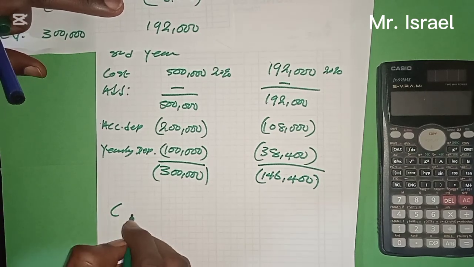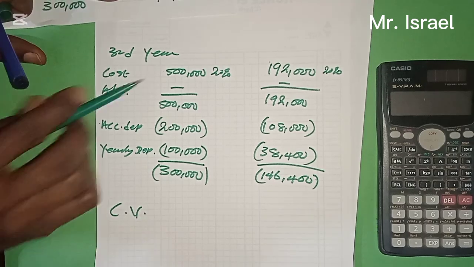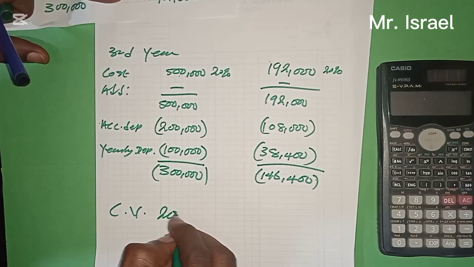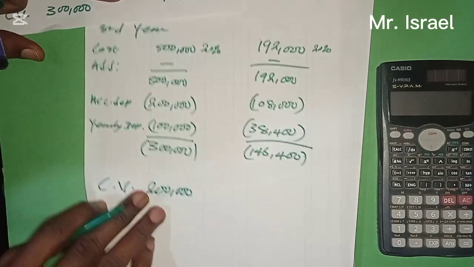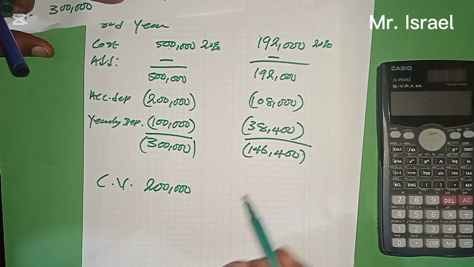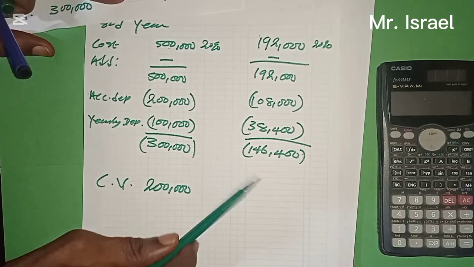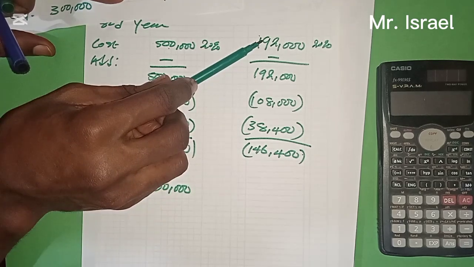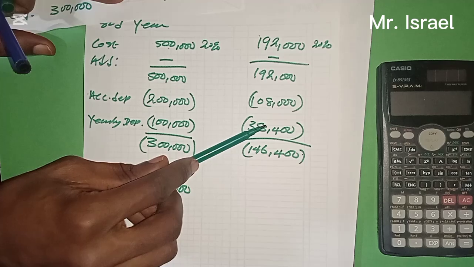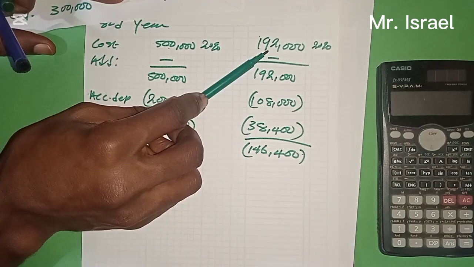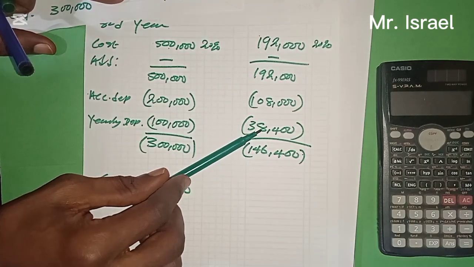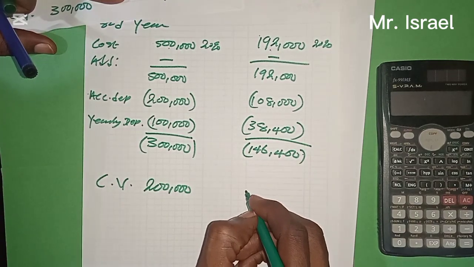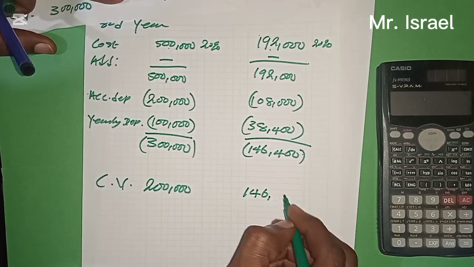Now the carrying amount, the carrying value here will now be 500 minus this, which will give us 200,000 as our carrying amount. Now here you will not say this minus this. No, you say this minus this. When you say 38,400 minus 192 will now give you 146,400.